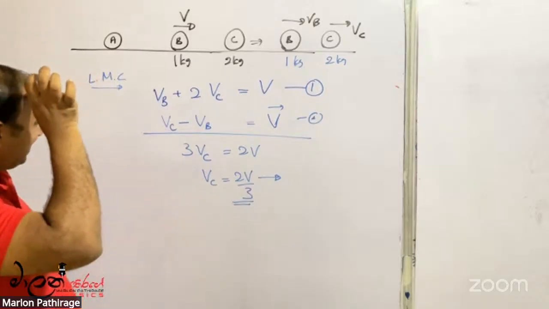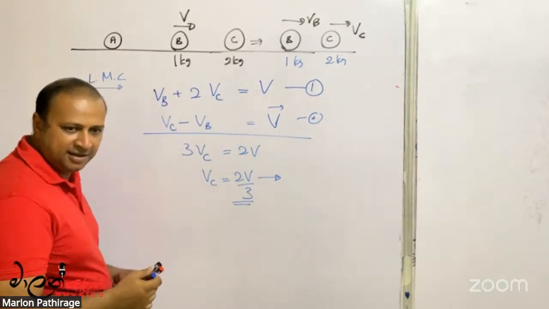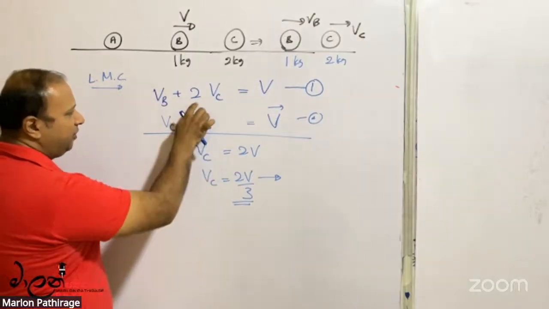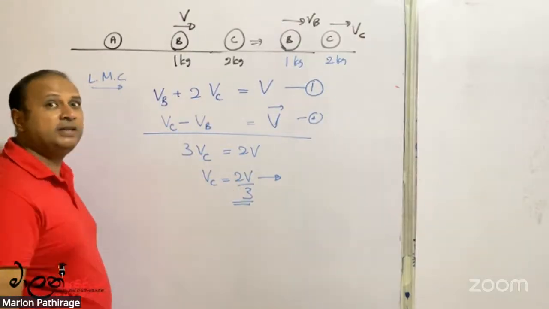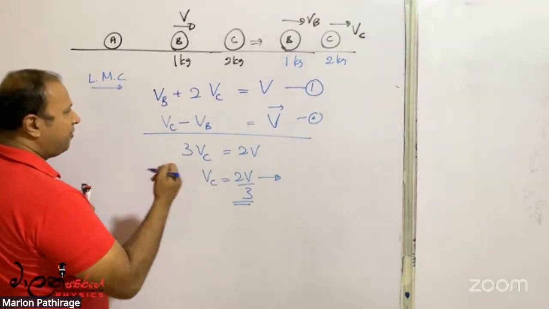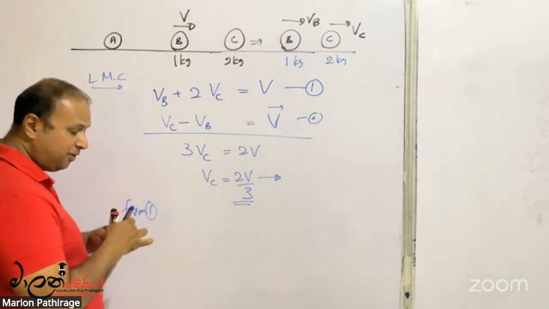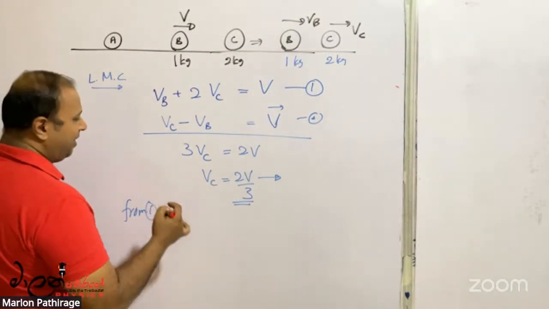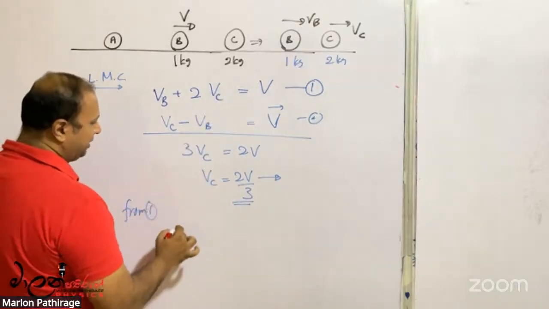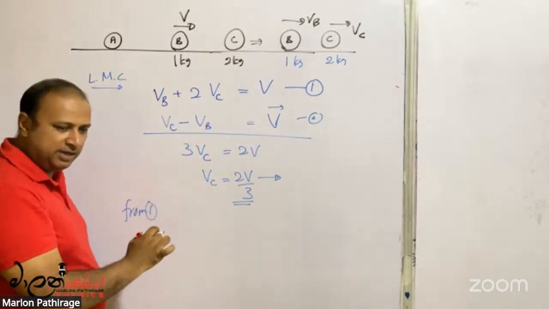Then, if I apply VC here, what will happen? It will become 4VC. From 1, it is very clear. If we apply VC here, it will become 4VC.